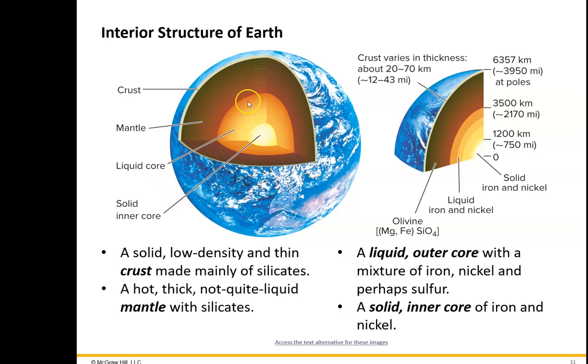Then of course there's the liquid core, where it's iron and nickel. Let me talk about that a little bit. Remember, before we did the density of the Earth is about 5.5 grams per cubic centimeter.